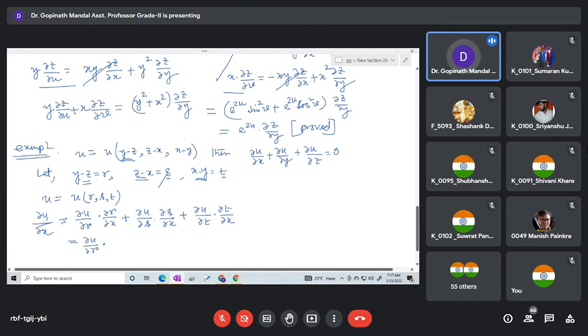R is a function of y and z, so ∂r/∂x will be equal to 0, plus ∂u/∂s ∂s/∂x, which is minus 1, plus ∂u/∂t and ∂t/∂x, it is plus 1. So this becomes minus ∂u/∂s plus ∂u/∂t.